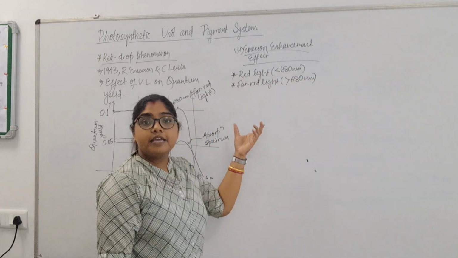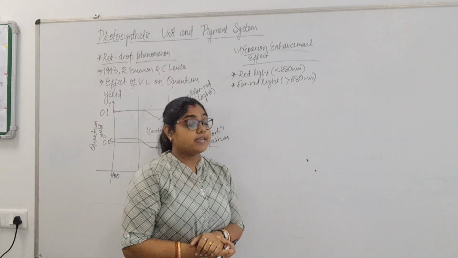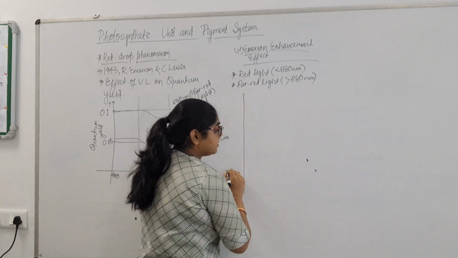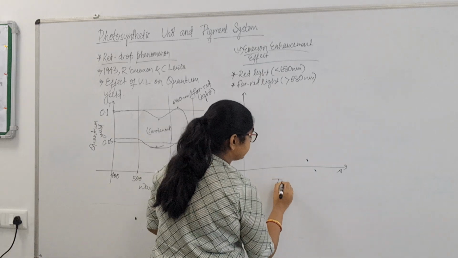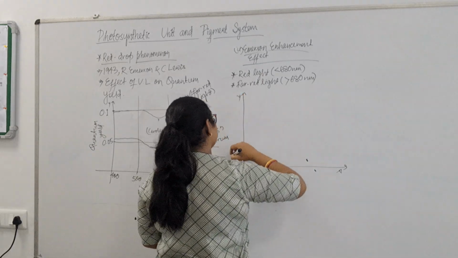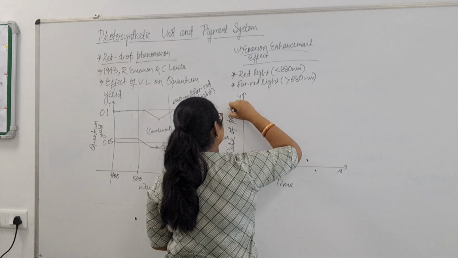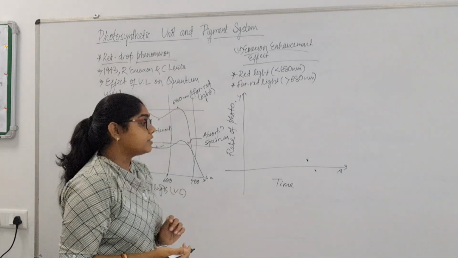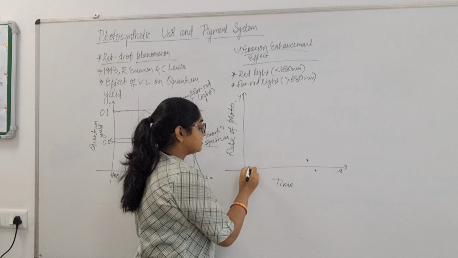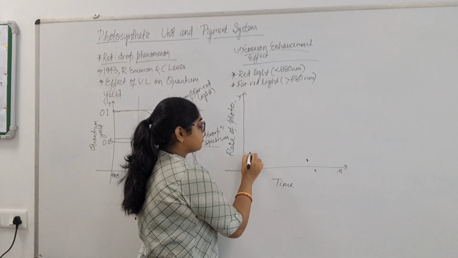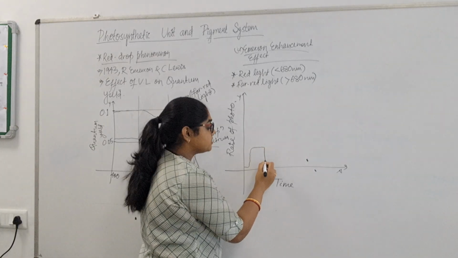First they applied a single light for the photosynthesis process, and to understand it better we will plot a graph again. The x-axis stands for time and the y-axis stands for rate of photosynthesis. When they first applied the far red light, the rate of photosynthesis goes up. At some point it becomes constant. Then they switch off the light and it comes down.